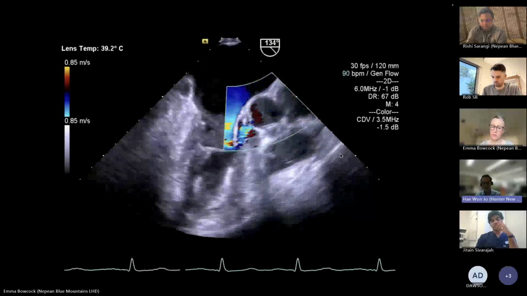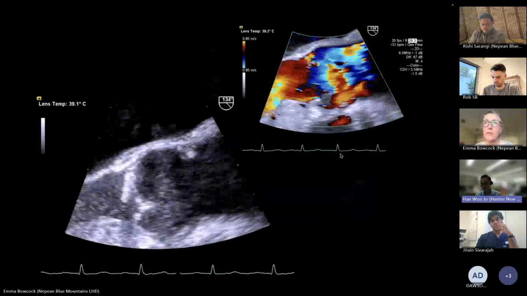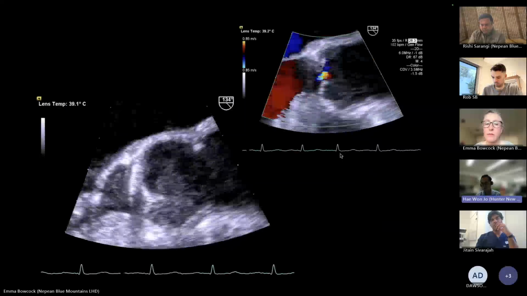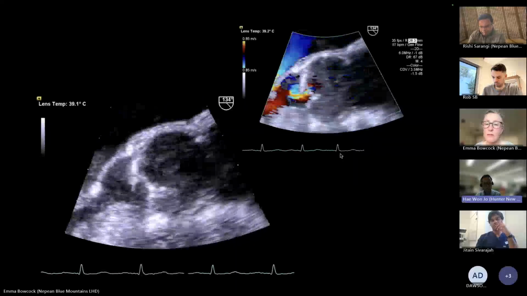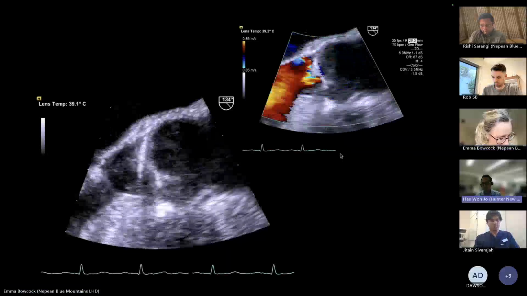And the other 2D feature is that the true lumen should have systolic expansion, as you would expect, whereas with the false lumen, you would have diastolic expansion. Anything else? No.